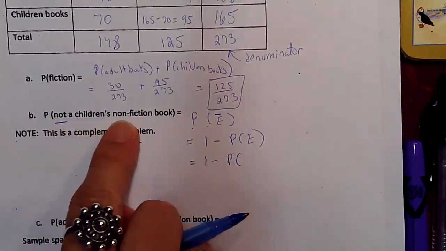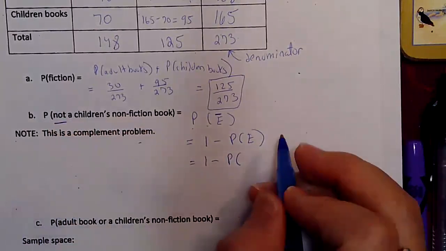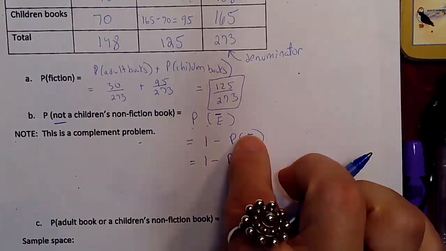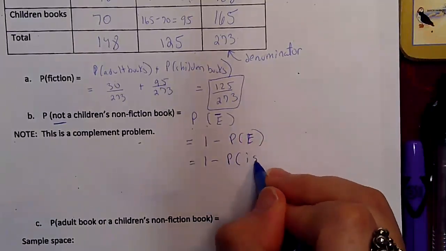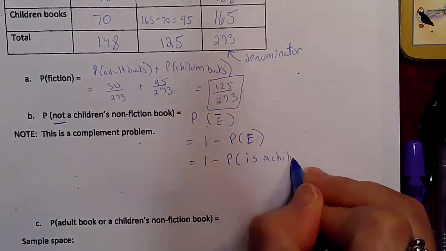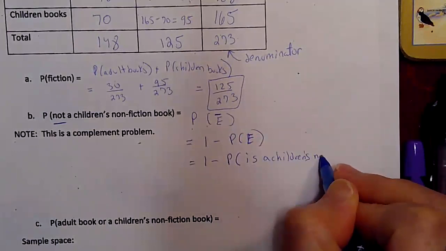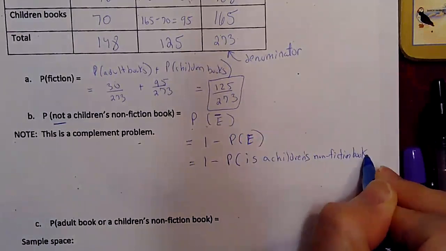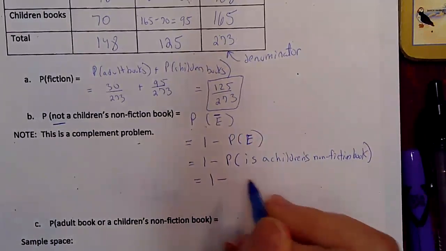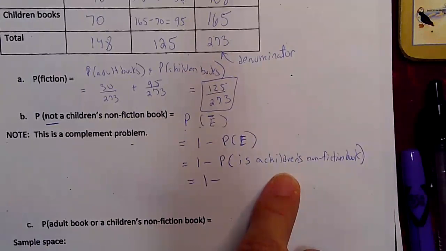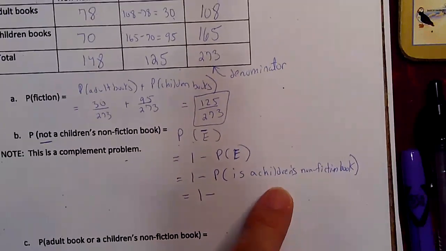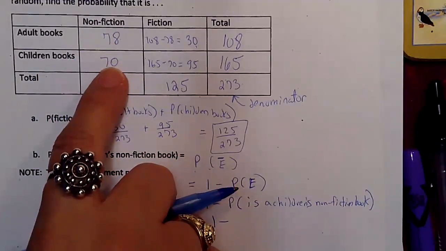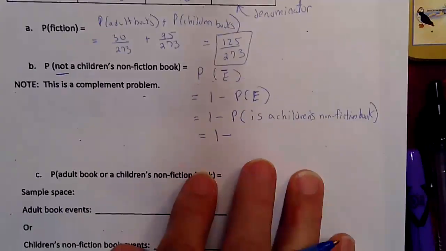It is a children's nonfiction book, because it's missing the bar. So it is. And then the probability that it's a children's nonfiction book is 70 over 273.